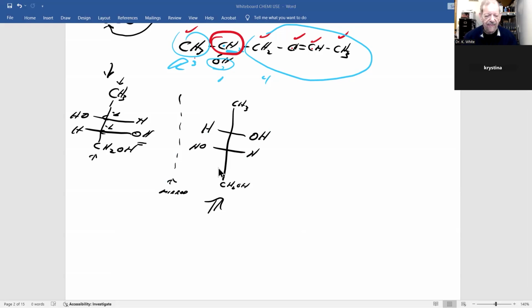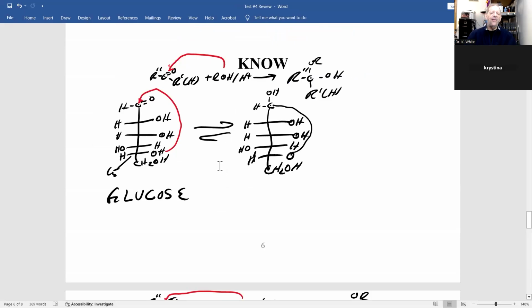Now, a reaction that you learn for test 2, if you take an aldehyde or ketone, react with an alcohol with acid, you get a hemiacetal. Now, if you have two functional groups in the same molecule, you don't need a catalyst because it's in the same molecule.